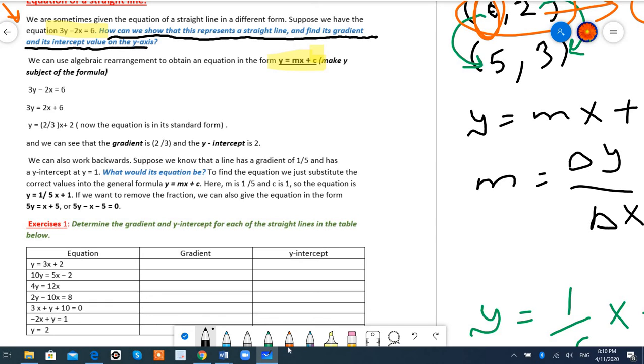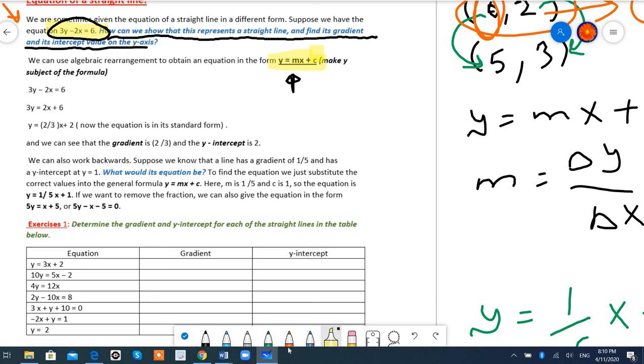We can use algebraic rearrangement to obtain an equation in this form. We have to change this equation 3y minus 2x equals 6, rearrange it and make it in the form y equals mx plus c.